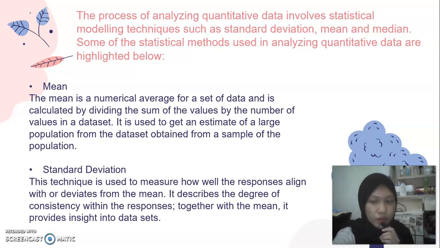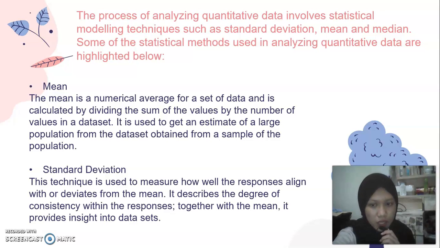First is mean. The mean is a numerical average for a set of data and is calculated by dividing the sum of the values by the number of values in a dataset. It is used to get an estimate of a large population from the dataset obtained from a sample of the population.